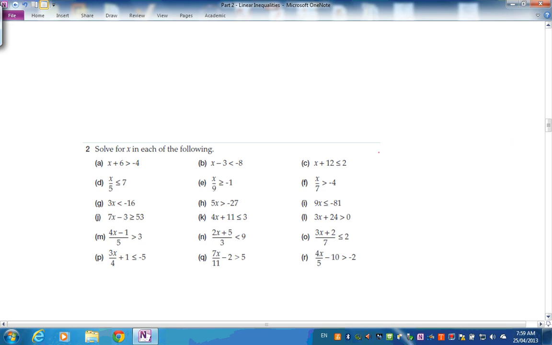Again, I think because this is new, you should do most of these, just getting familiar with doing the same steps as solving equations, even though we have that sign in there. You can see why that must be true. If x plus 6 is greater than negative 4, what was x before you added 6 to it? It must have been greater than 6 less than negative 4. You see, the idea will still work.